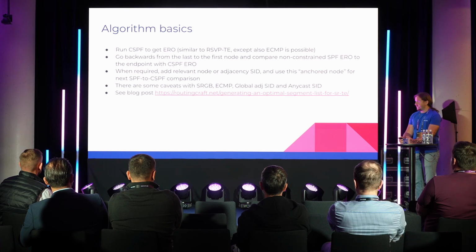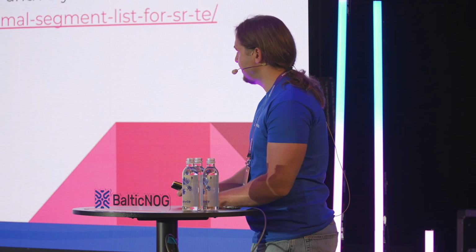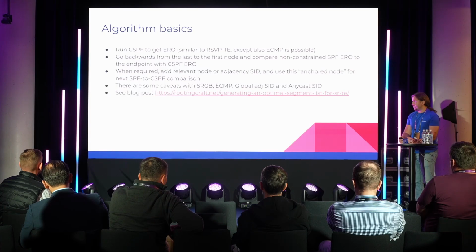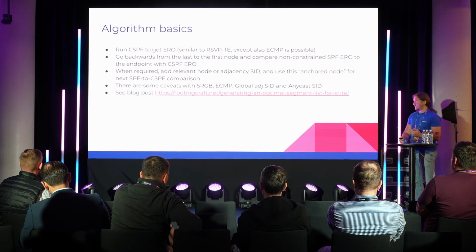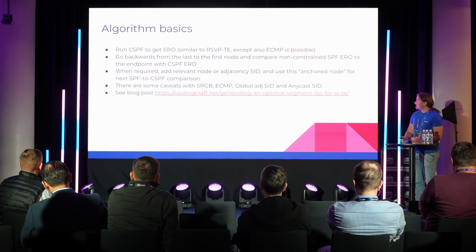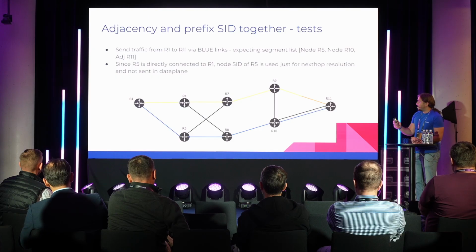And if it is the same, we don't need to do anything, we just go to the next node. If it is different, we need to add the relevant node or adjacency segment. There are some caveats with things like segment routing global block, which can be different on different routers, with Anycast, with ECMP, and so on. We'll get to some of those. So we have this test topology.